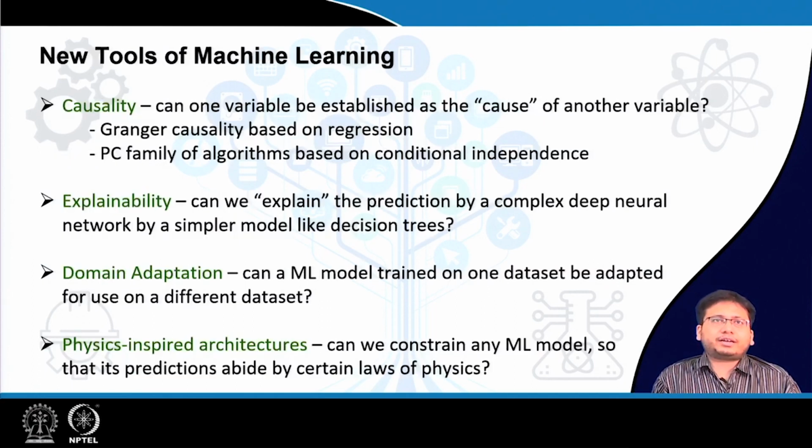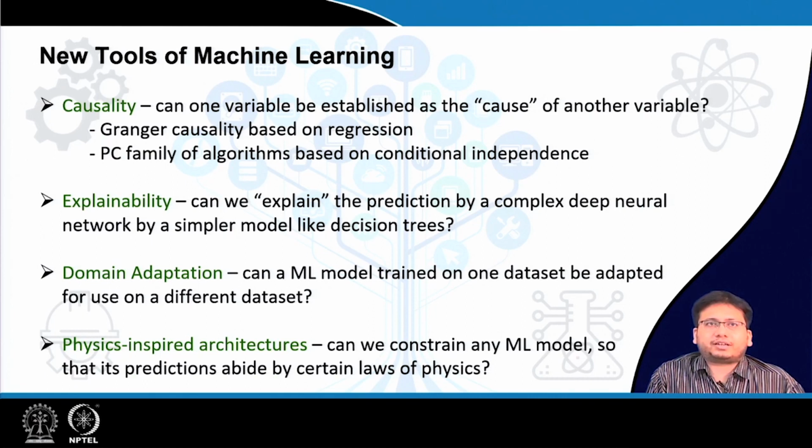Now, in recent years, various new tools have come up in machine learning, the tools of causality, explainability and so on, which are all very suitable and appropriate for the domain of earth science problems. We have already talked about causality in some of the previous lectures. Can one variable be established as a cause of another variable?